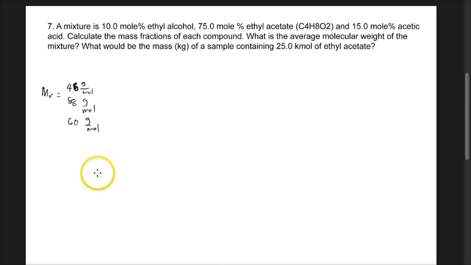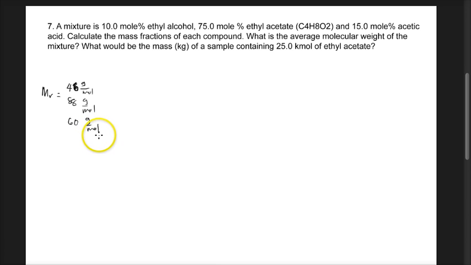So we move to the last part of this question. This is part C of question 7, and it wants us to determine the mass of a sample containing 25 kilomole of ethyl acetate. So this mixture contains 25 kilomole of ethyl acetate.